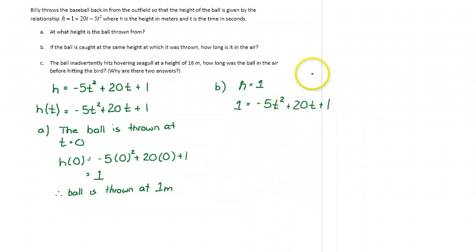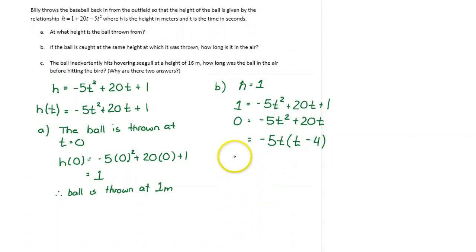Again, this is a quadratic, so I want to get it in my nice special form, with 0 on one side. Now I have a really nice situation, and that is that I can factor out -5t, which gives me (t - 4).